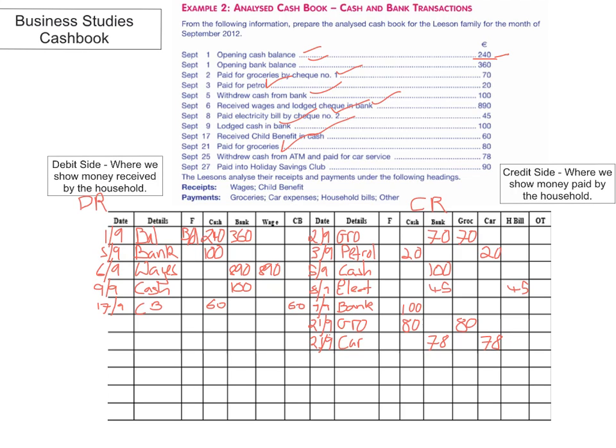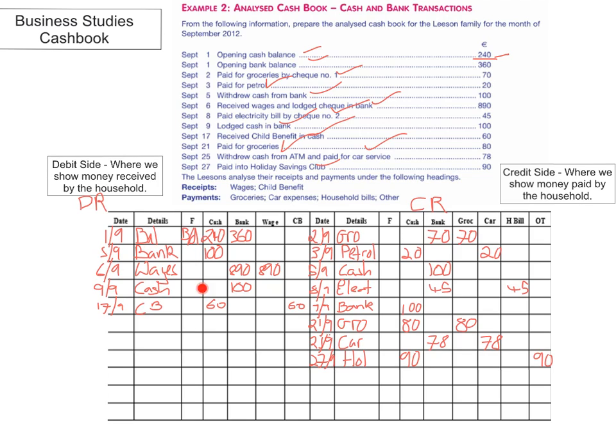The next one is holiday. So you had a holiday on the 27th of the 9th. Say holiday. It doesn't say, so we're just going to presume it was cash. So we'll say €90. And it'll go into other, €90. Okay, so now that we've got all of our information, I'll just tick that off.